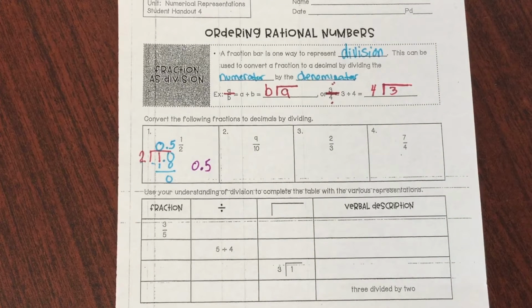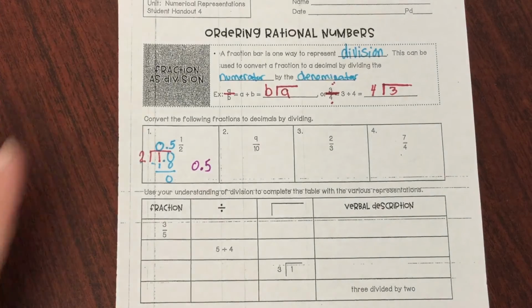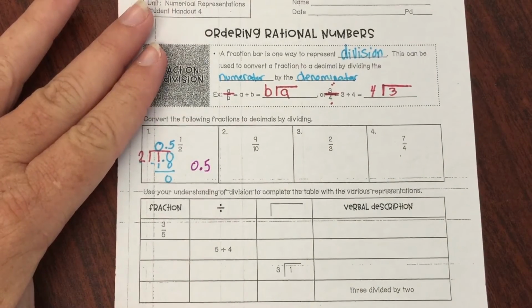Now 2 and 3 should be fairly easy, because 3 is a benchmark fraction and 2 is a benchmark fraction. I'm going to take this away so that I can do my math, and then I'll show you the answers in just a few.